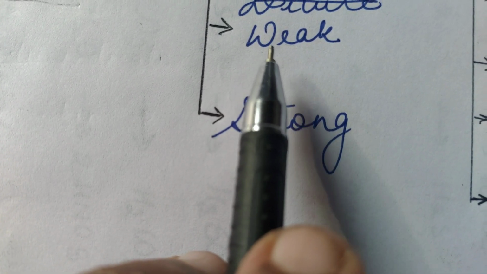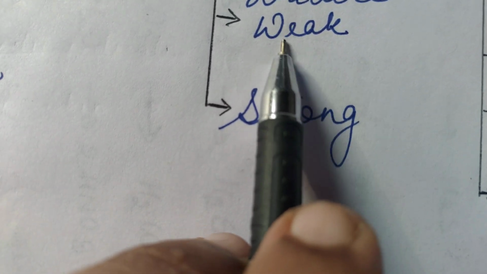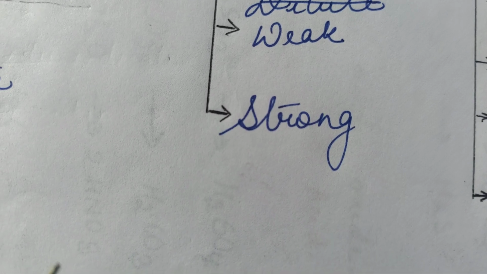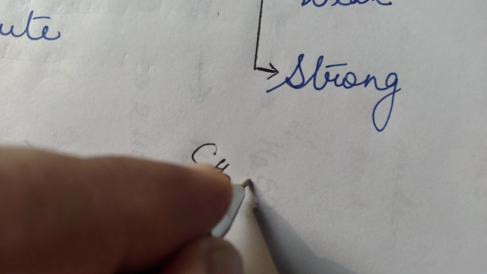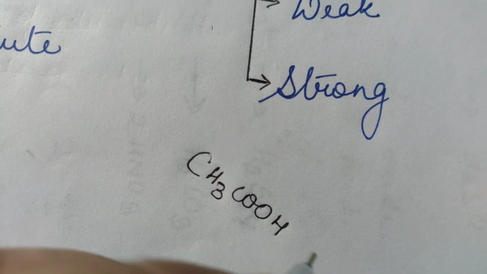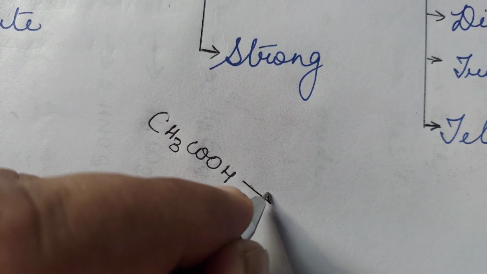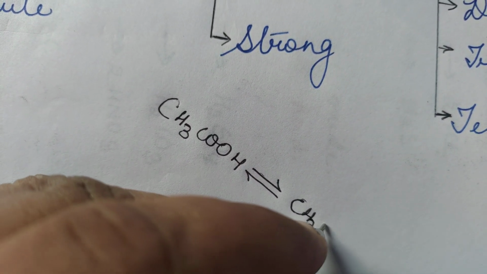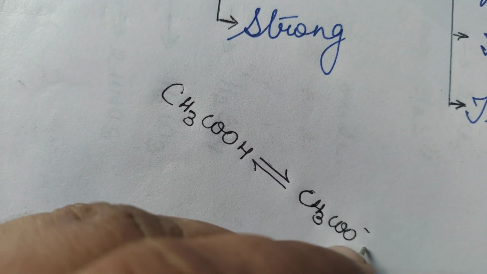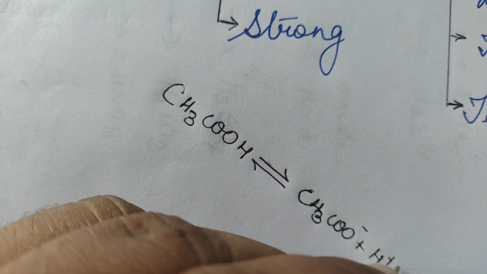Weak acids are those acids which ionize only partially. Like for example CH3COOH. Now this ionizes only partially to give CH3COO minus plus H plus.